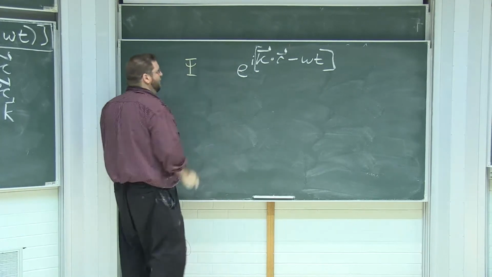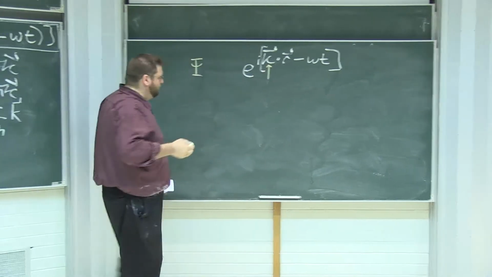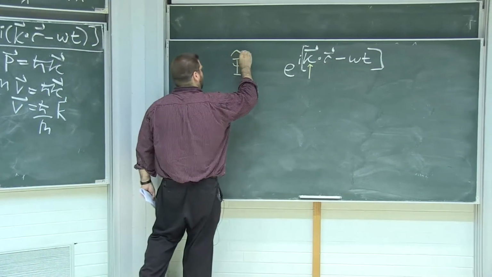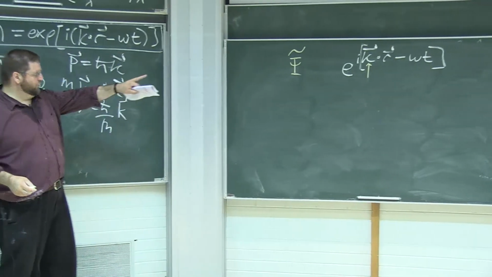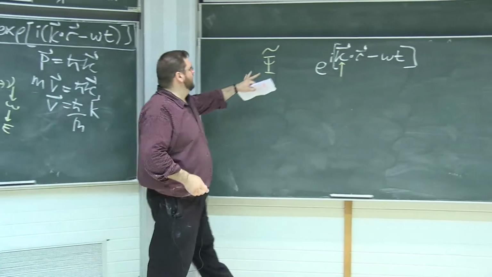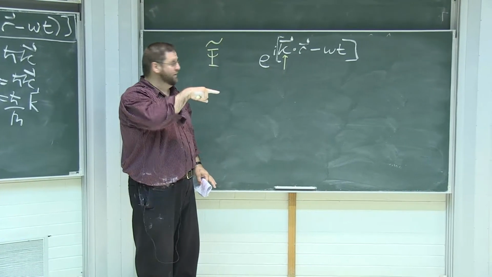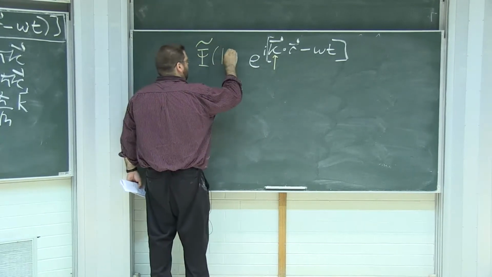So I need to multiply this by a number. This wave vector k specifies a plane wave. So I want to weight this thing with a particular number, and I'm going to call that psi tilde. This weighting coefficient, this number that I'm going to multiply this particular plane wave by, will be a function of k.